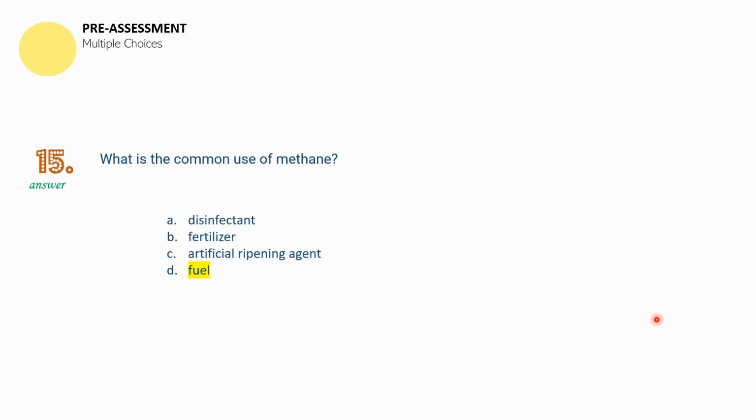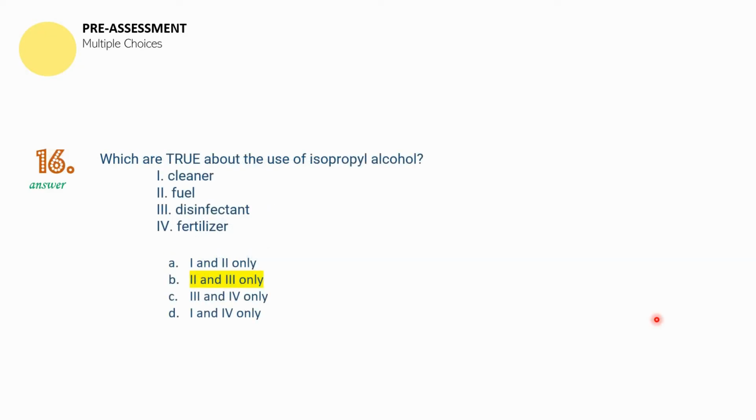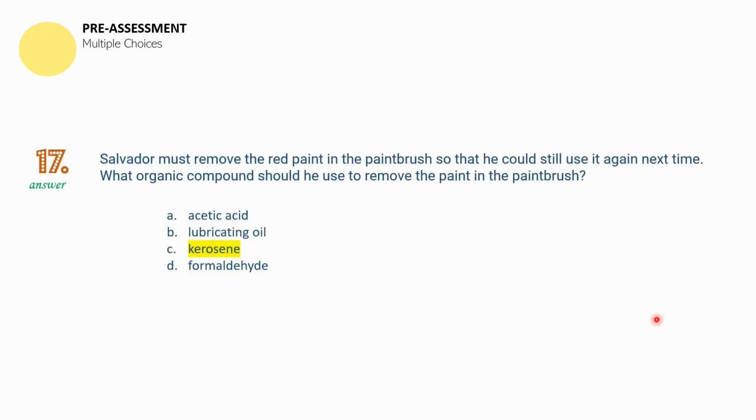The answer to question number 16 is B. 2 and 3 only, as a fuel and as a disinfectant. The answer to question number 17 is C. Kerosene.